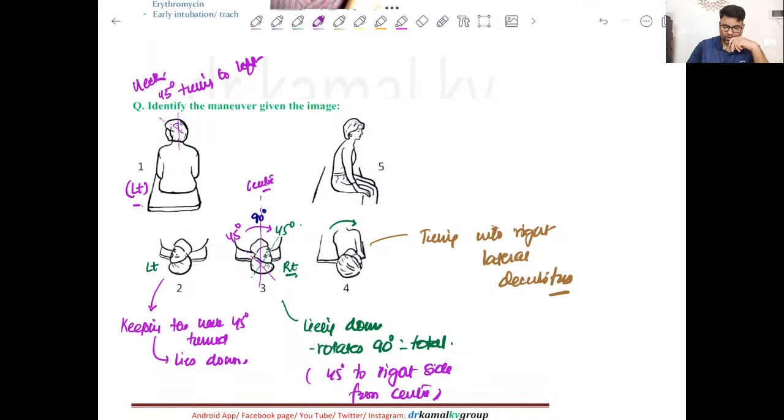And now in fifth, the patient is sitting upright. Clear? So this is the sequence of movements done in a maneuver known as Epley's maneuver.